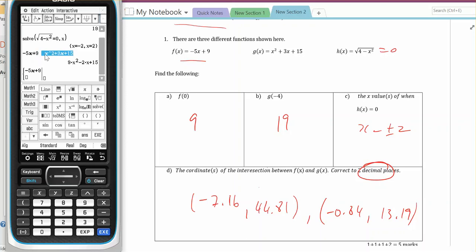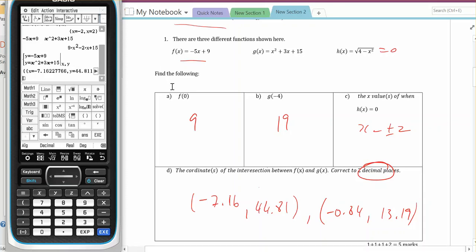Because we're solving for x and y, you have to make y equal to that and y equal to that before you solve it. Then you solve for x and y. Make sure you're in decimal mode. And you're able to get an answer. You get the same answers, so there are two ways you can do that.